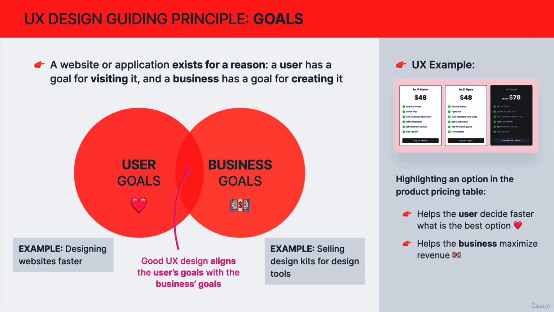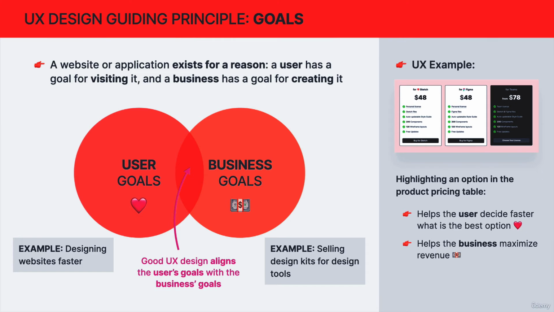And finally, another UX example that many companies use to maximize revenue is to use a pop-up form in order to capture users' email addresses. Now, this does help the business's goal, but in many cases, it actually makes for a really bad and annoying user experience. And it many times also doesn't help the user reach his goal.